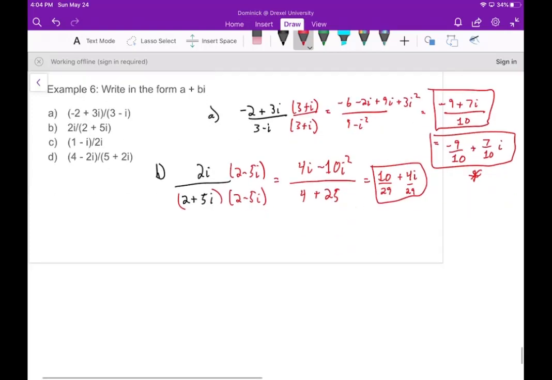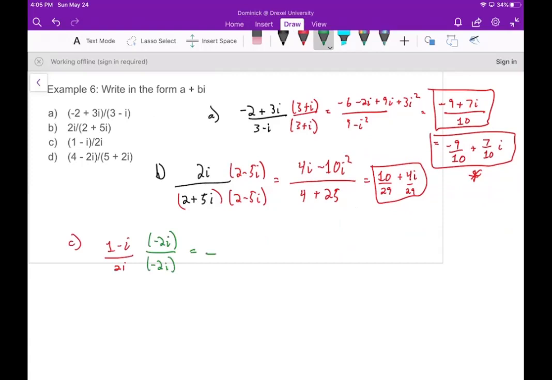Okay. Part C, we have 1 minus i over 2i. Now, technically, the conjugate is a minus 2i. So let's multiply by that. If you multiply the top and the bottom by i in this case, that would work just as well, because then you get a 2i squared. But we'll multiply using a conjugate.